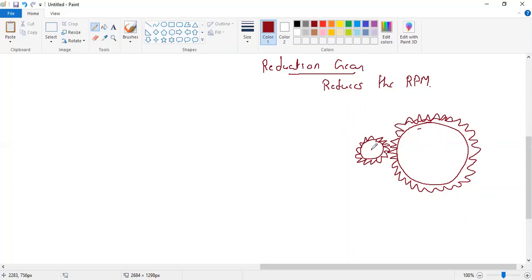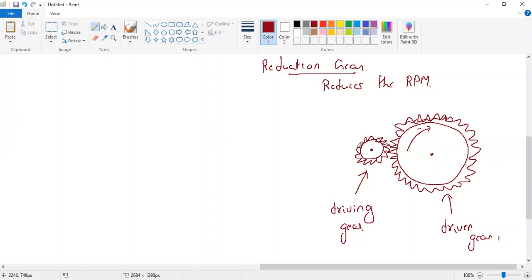This is a driving gear and this is a driven gear. In this type of gear mechanism, you will see that this gear is smaller and this gear is bigger. So when this completes one rotation, if you look at the tip, this will complete only a quarter rotation, or you can say 1/3 rotation, right?